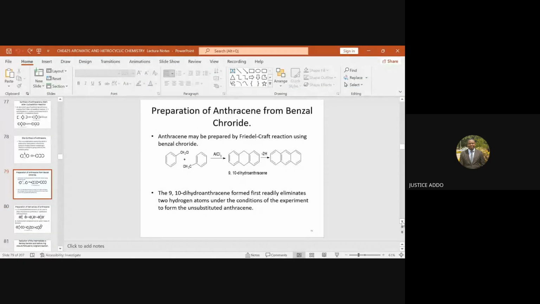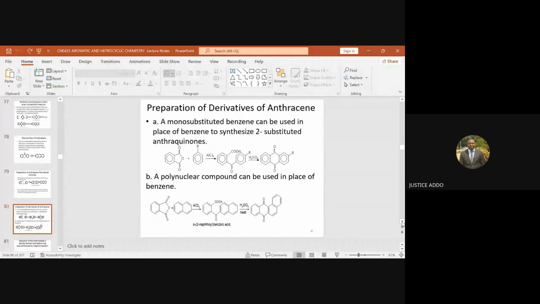So this is another one. That is preparing anthracene from benzyl chloride. It's also a two-step reaction. So the point is that there are a number of methods, but at least as far as this course is concerned, you should be conversant with at least one of them, okay?